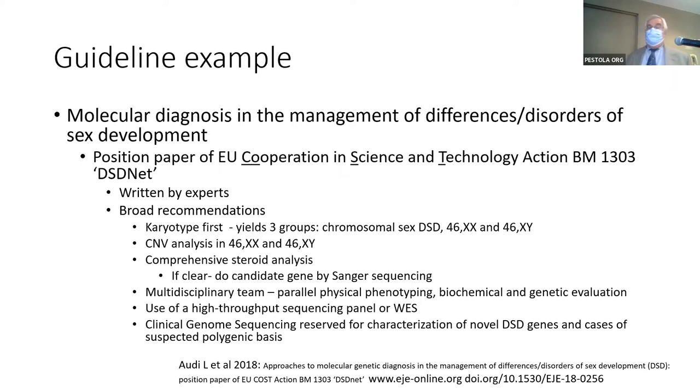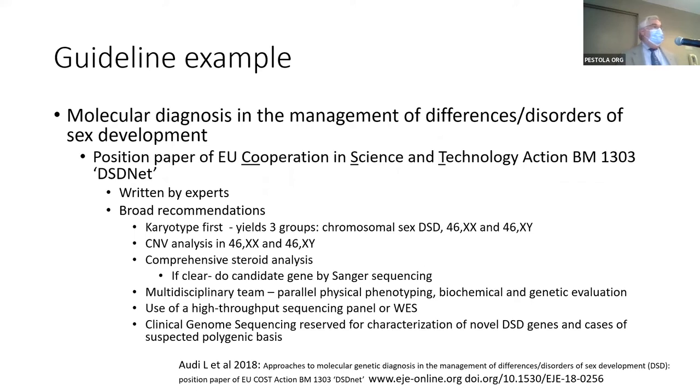So here's a perfectly good one for molecular diagnosis and the management of differences or disorders of sex development. Written by experts, so they are clinicians, they're laboratorians, and it's a consensus guideline, and it lays out steps 1, 2, 3, 4. Karyotype, copy number variants, steroid analysis, then you go to a multidisciplinary team to do that deep phenotype, the rest of the biochemical, other genetic evaluations, and they use a high throughput technique.